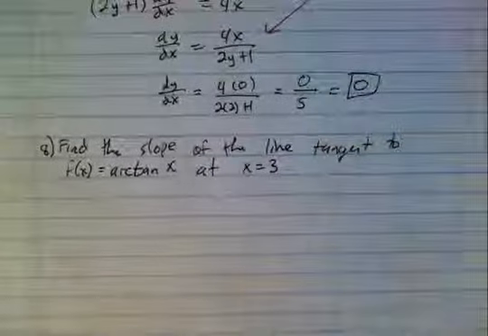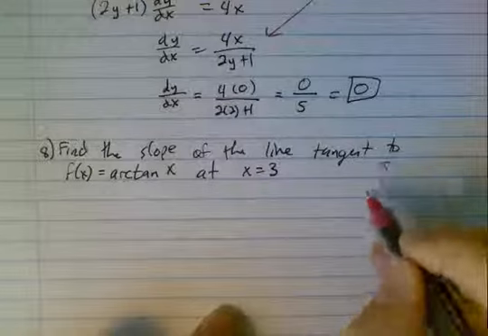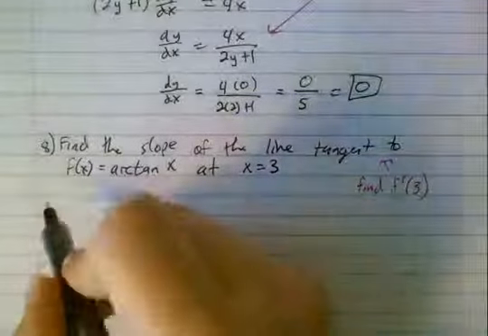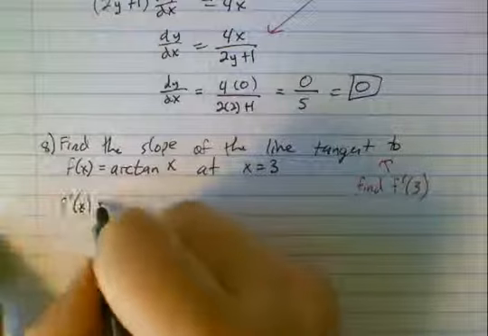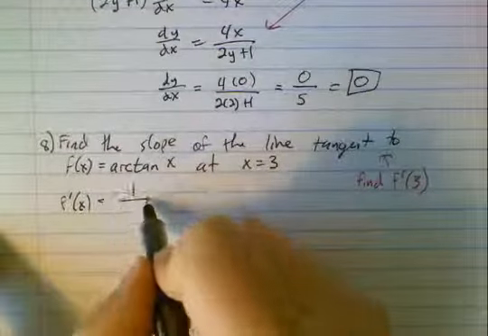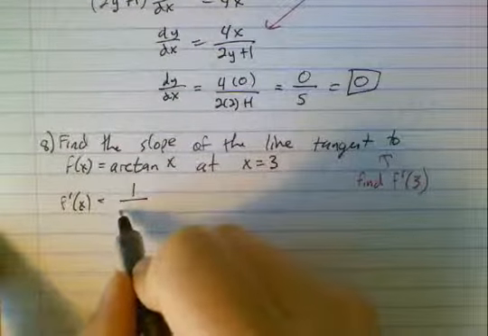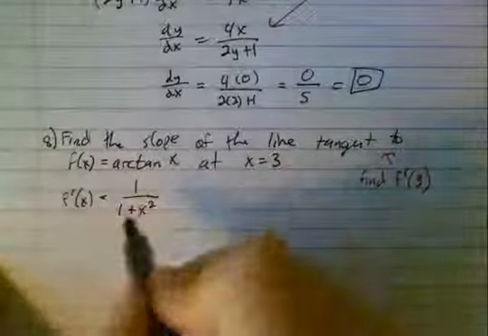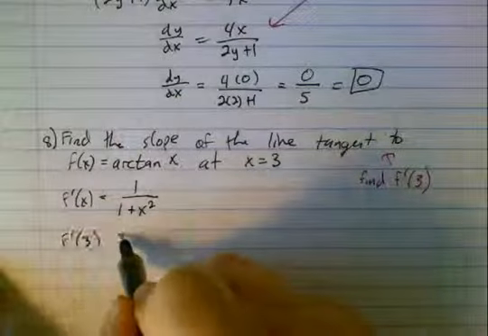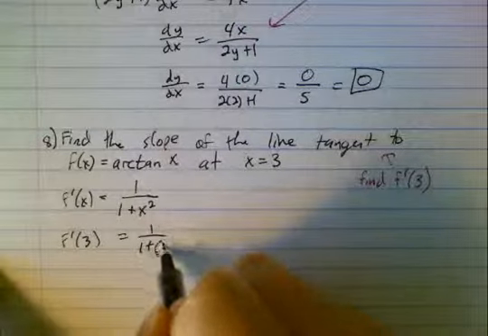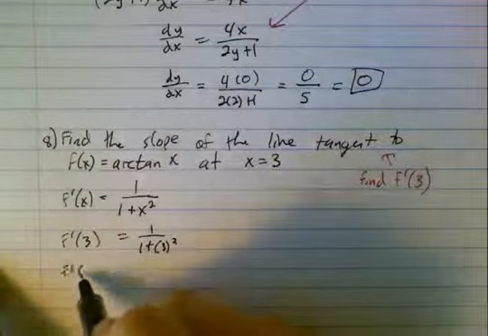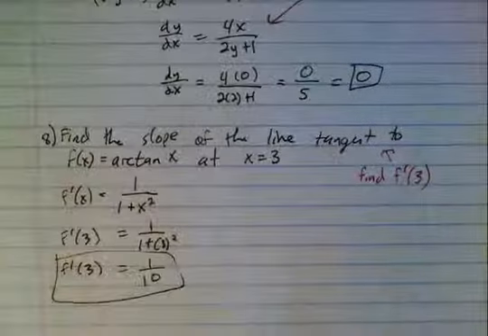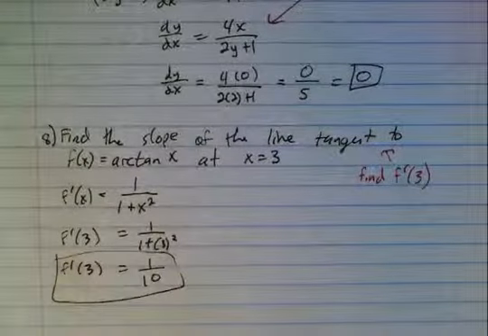Again, slope of the tangent line at x equals 3 means find f prime of 3. So let's start out with f prime of x. Just got to memorize this one. The derivative of arctangent of x is 1 over 1 plus x squared. Just is. F prime of 3, 1 over 1 plus 3 squared. 1/10. That concludes these notes.